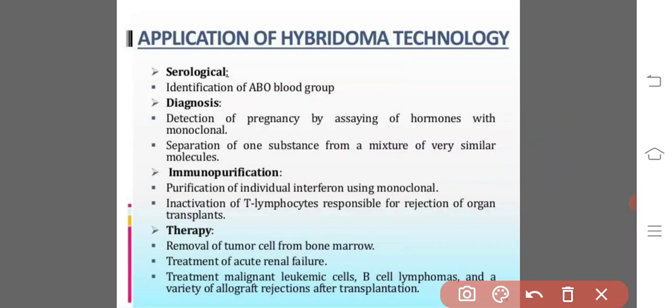These are the different applications in the fields of serology, diagnosis, immunopurification, and therapy.